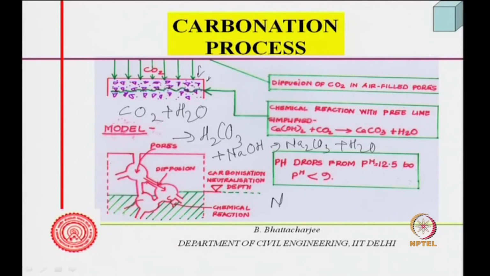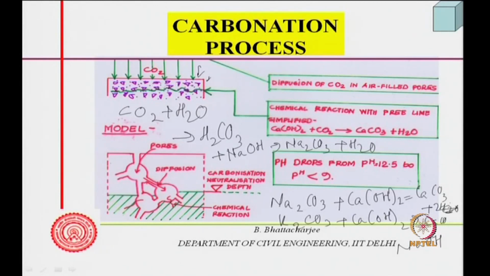Now, this sodium carbonate or potassium carbonate can react with calcium hydroxide in the cement, forming calcium carbonate and again water, and this also can form calcium carbonate and sodium hydroxide, this should be 2 sodium hydroxide, and this should be potassium hydroxide plus potassium hydroxide.